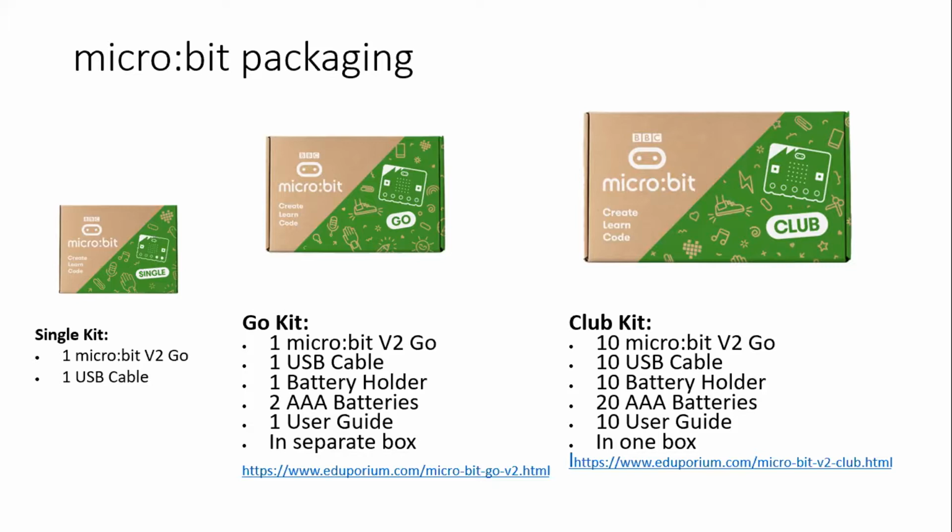There is one other solution, which is a 300 pack, but that is just 300 of the single kits, and those are very, very scarce right now. So we highly recommend educators look at the Go kit, because of the delta between the single and the Go. It comes with everything, turnkey, or the club kit.